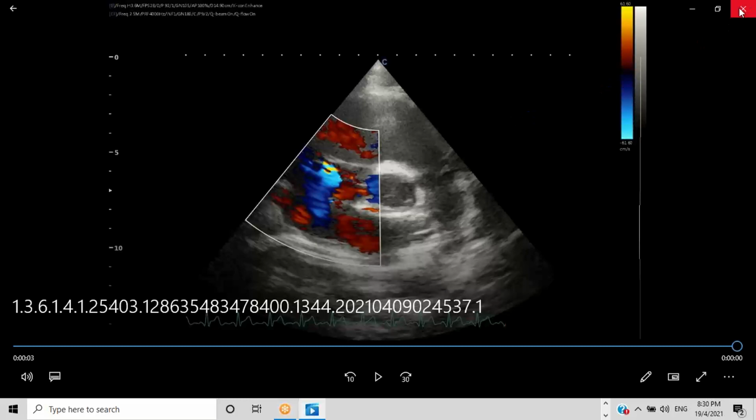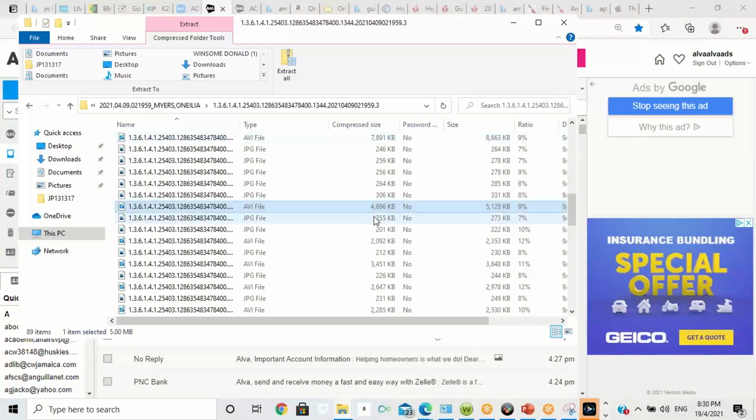So you locate it with the color, and now you can use your pulse wave and your continuous wave Doppler to do some quantitative assessment.